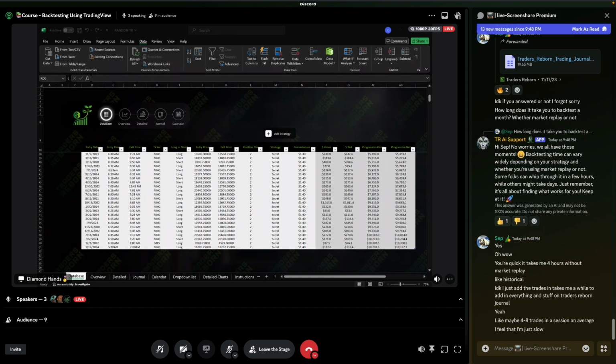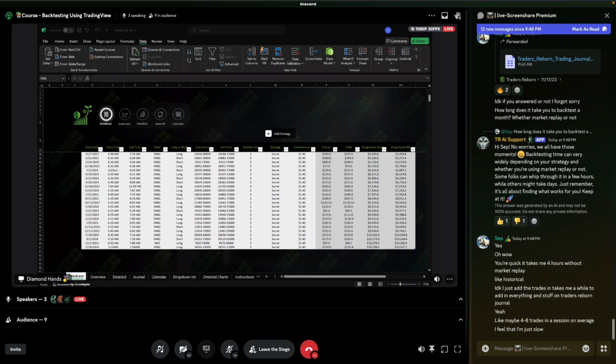Okay. Well, I suggest, you know what you can do? You can do random bar, Sep. Instead of trying to go through the whole day, just do random bar and go to the time frame that you actually trade, instead of continuously bar replaying.